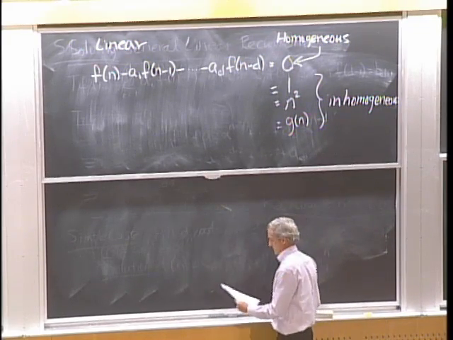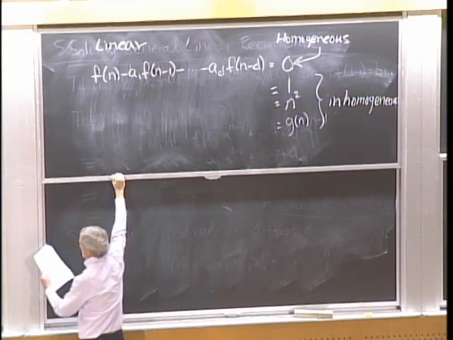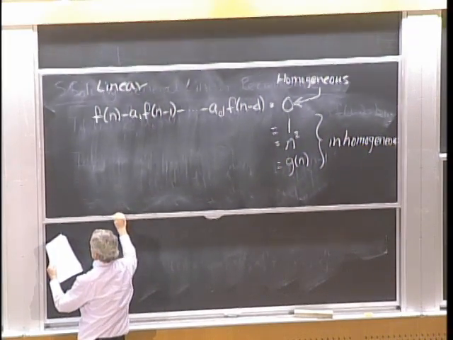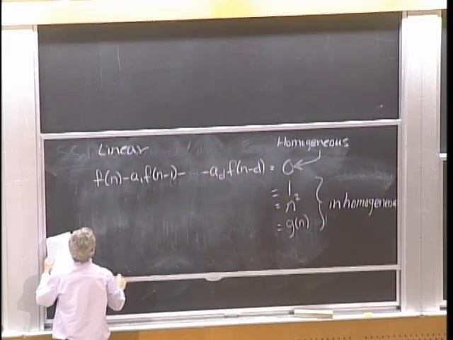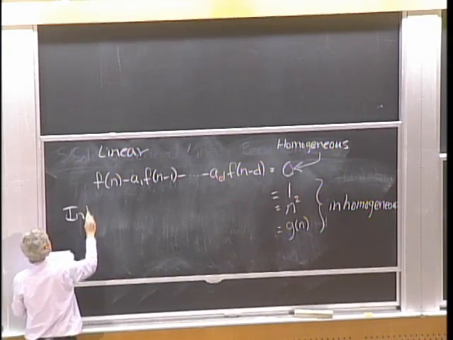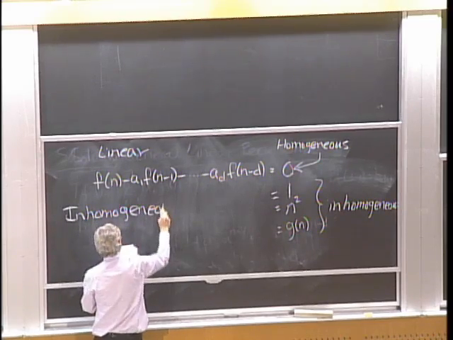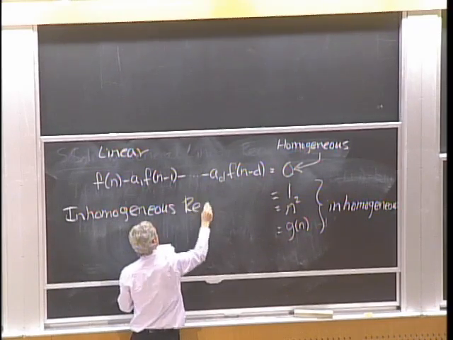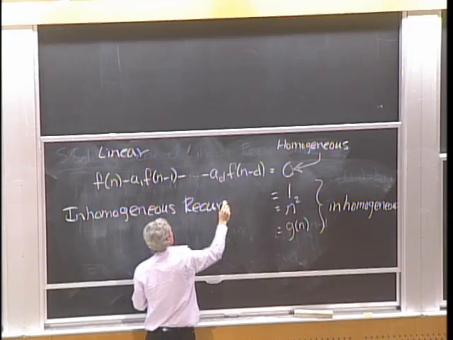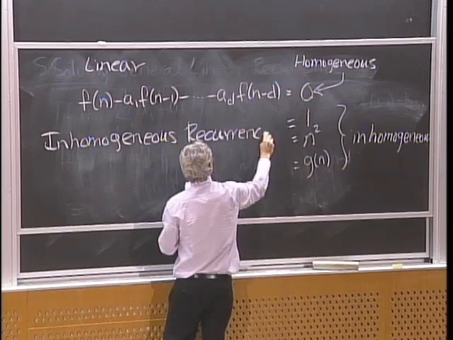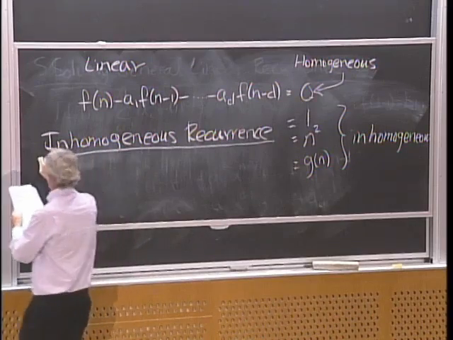All right, so the general inhomogeneous recurrence is exactly this.